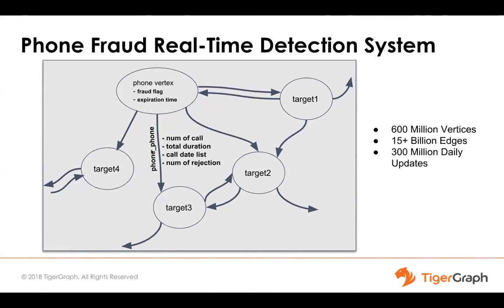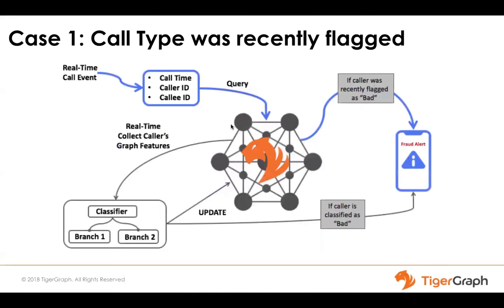All our features are built from this raw information. Let's now look at the workflow of our query. How do we do the fraud detection based on this information? As Victor just mentioned, our workflow for the fraud detection query is like this.